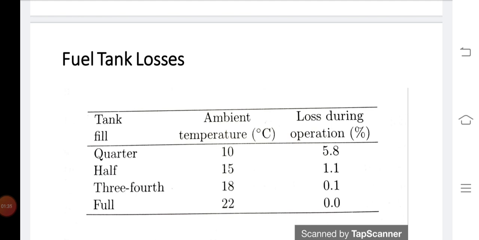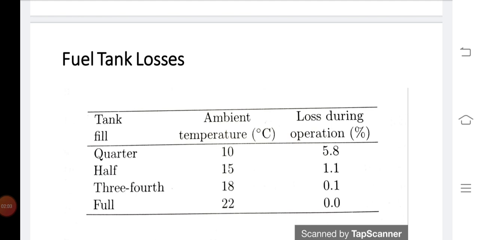As the temperature decreases, the tank cools and the air inside the tank contracts, there is more space inside the tank, and air enters the tank from the atmosphere. This process of ventilation is called the breathing of the engine.